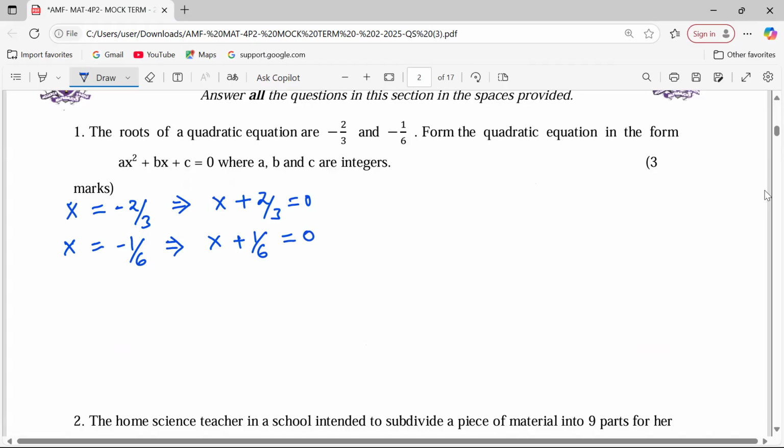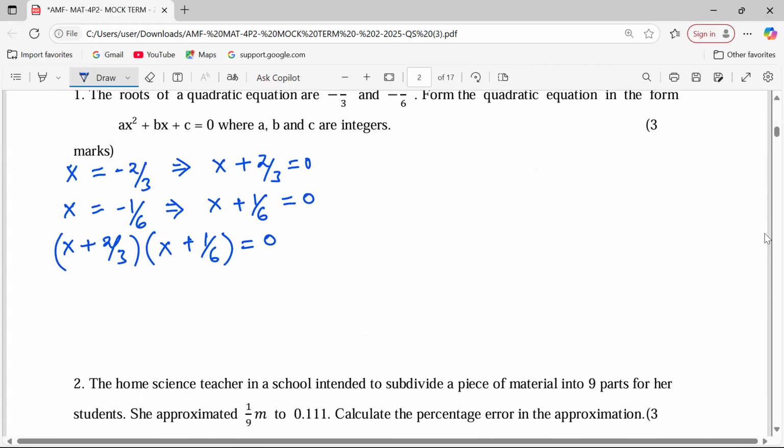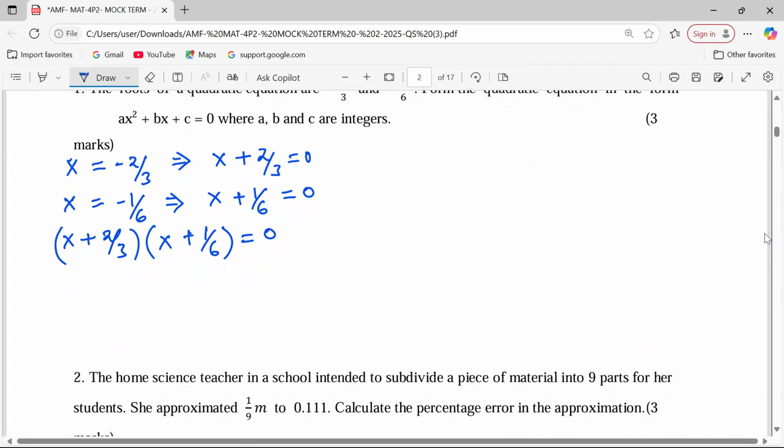So now we have the two factors for the quadratic equation, and therefore (x plus 2/3)(x plus 1/6) is equal to 0. We're just using the reverse process of the factorization method.